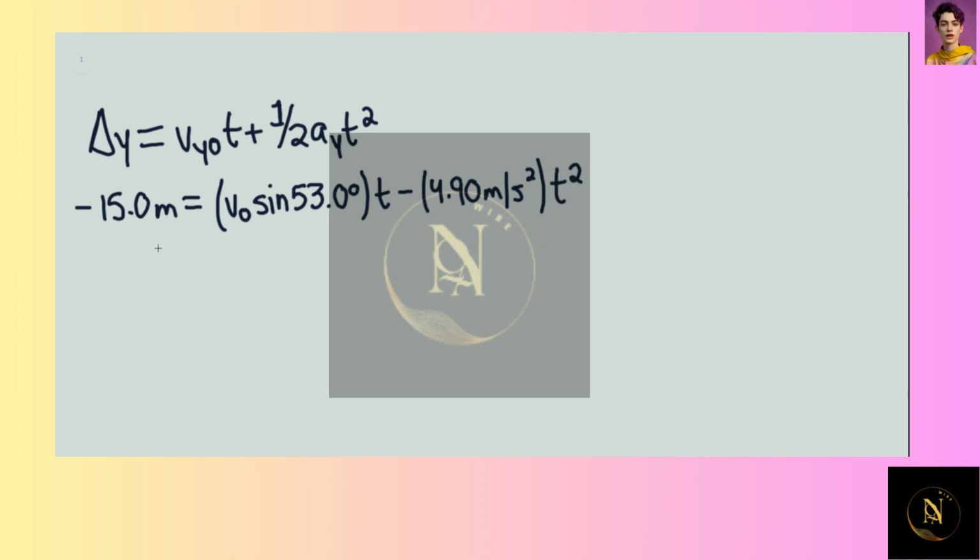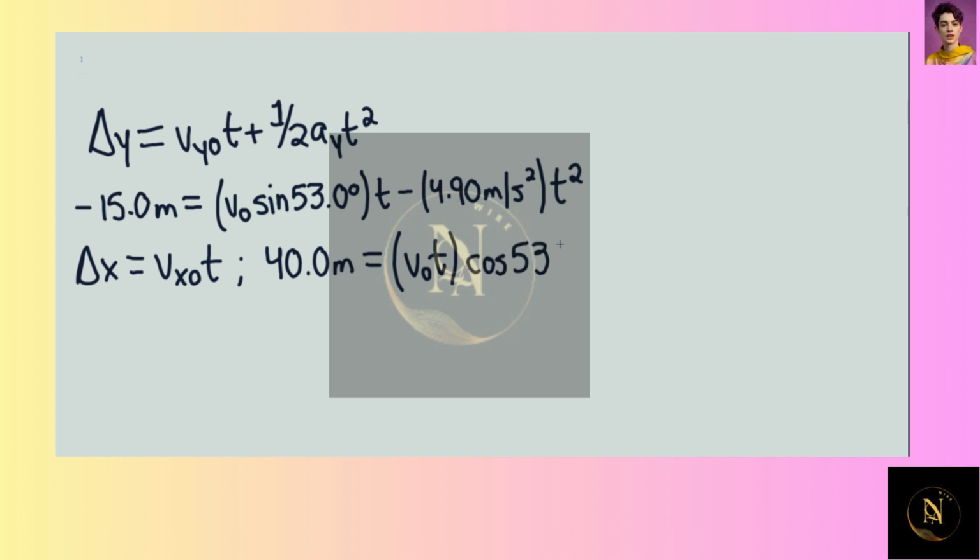For the x component, we're going to do the exact same thing. However, in the x component, there is no acceleration, so the equation actually becomes much simpler. So we have delta x equaling vx initial times t, and again, no acceleration term. So this becomes 40.0 meters, equal to v initial t multiplied by cosine of 53 degrees.